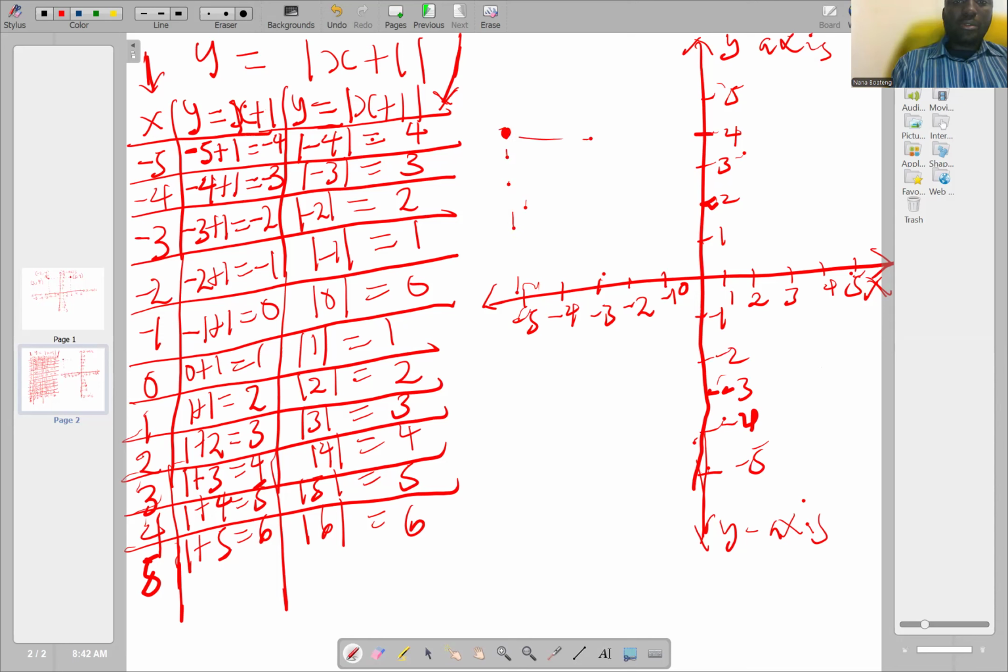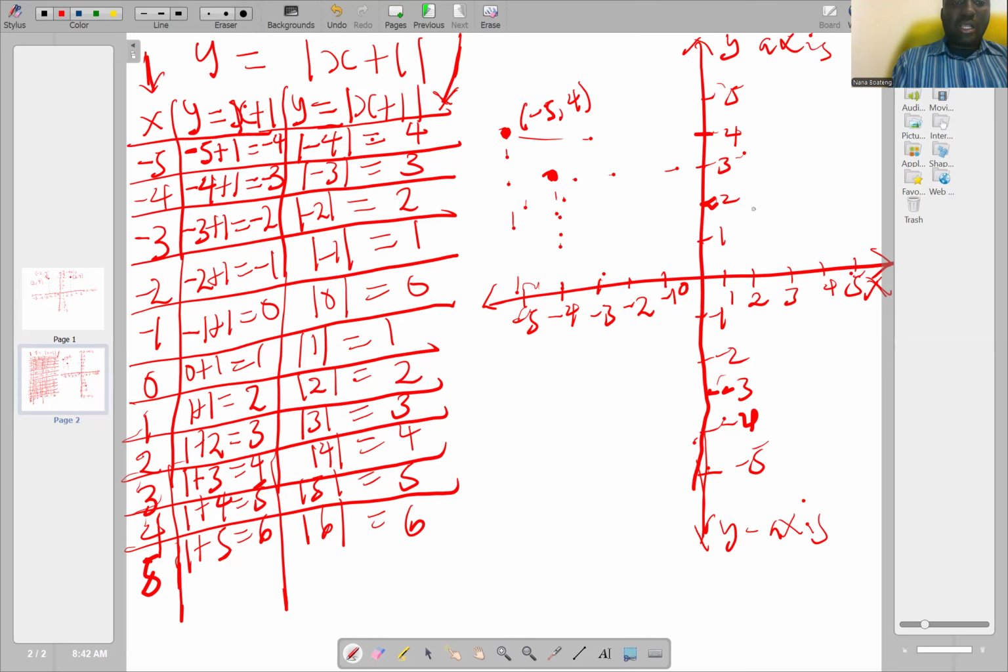So this is -5 and 4. The next pair of points is x is -4, y is +3. So we go here. This is x is -4, y is +3.